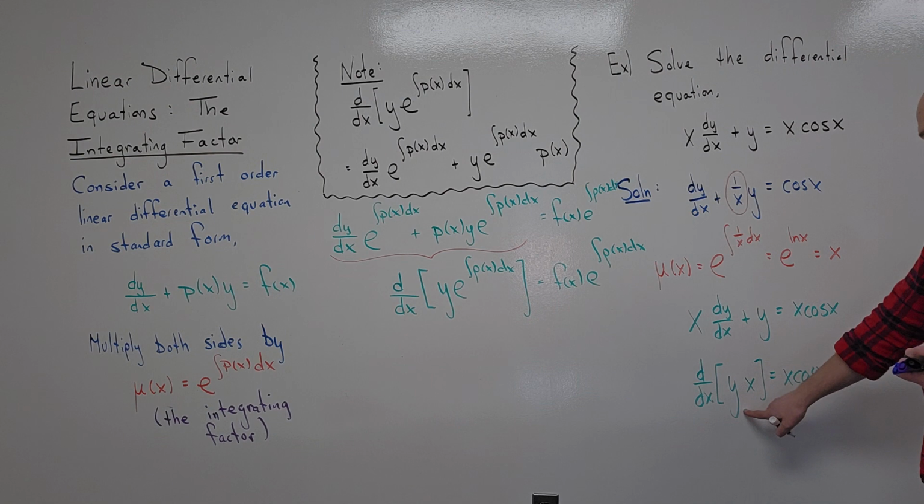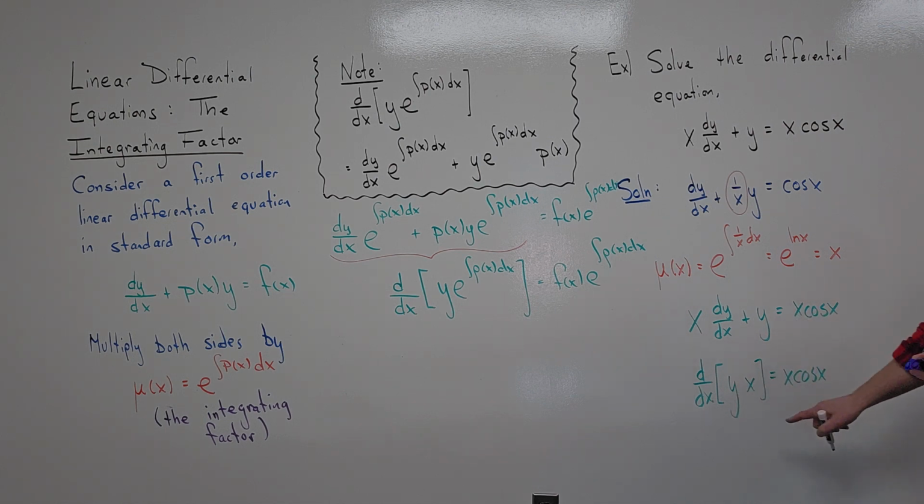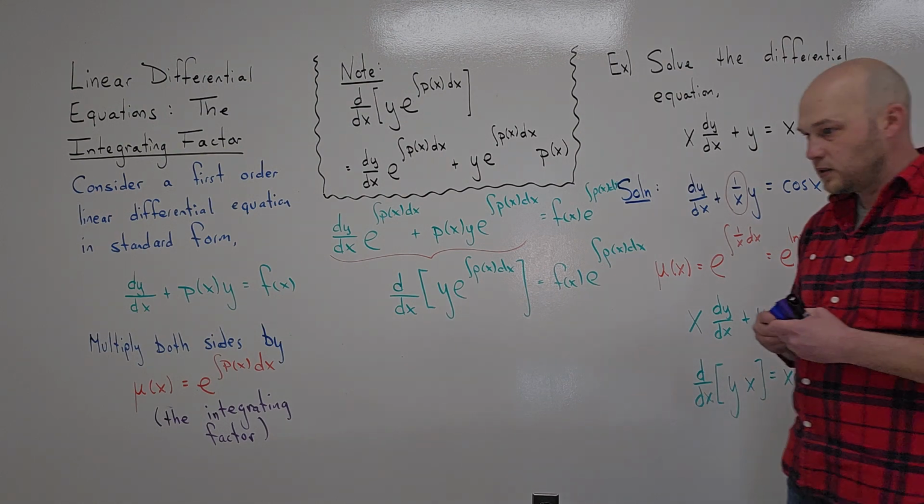Let's double check real quick. If I take the derivative of the first factor, I get dy/dx times x, so that's this term here, plus the first factor, y, times the derivative of the second, which is y times 1, this term right here. Then, in order to undo this, I'll take the antiderivative of both sides.